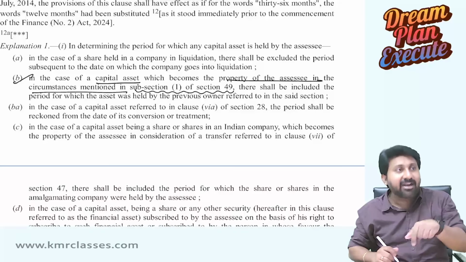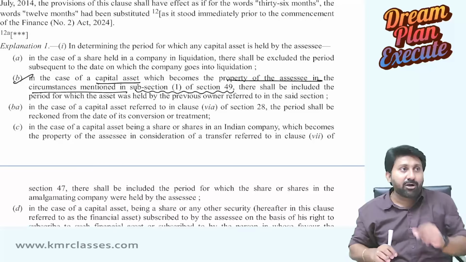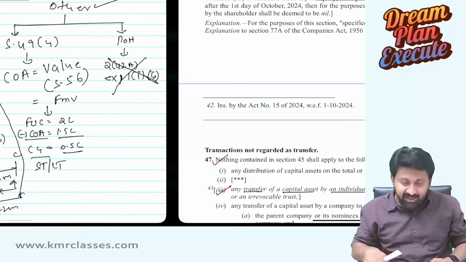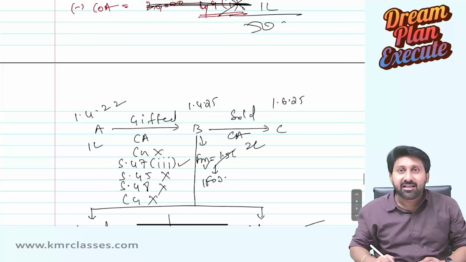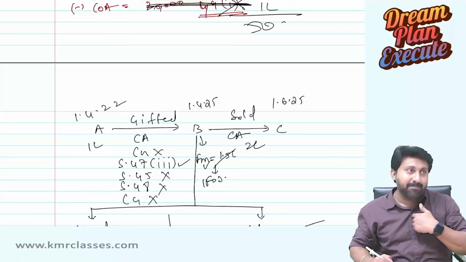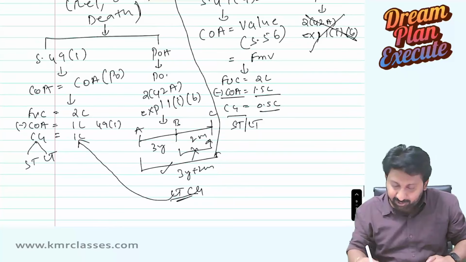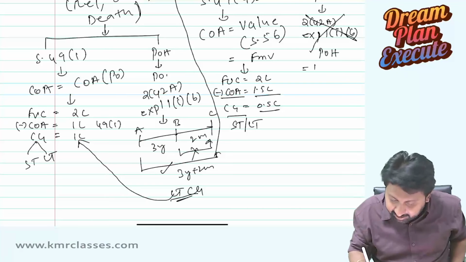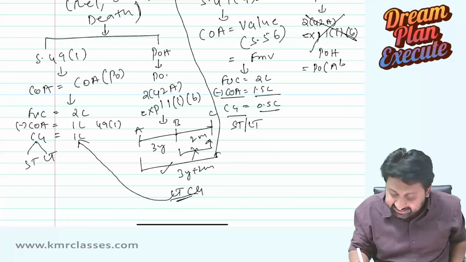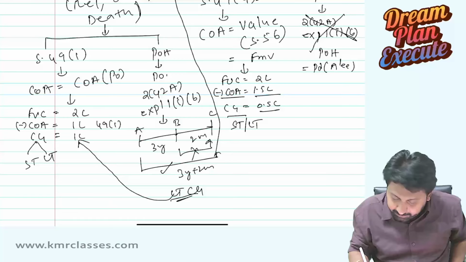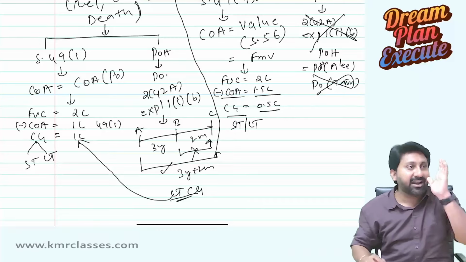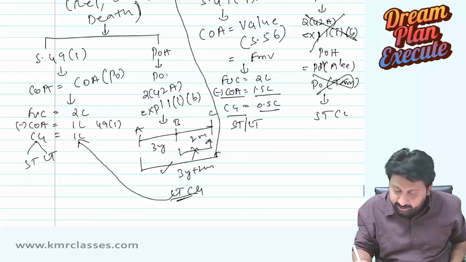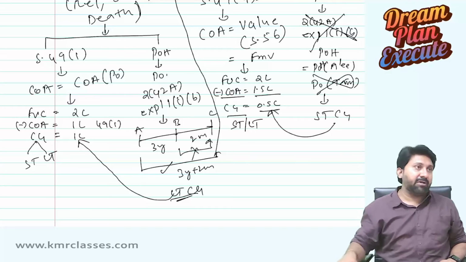Then only the previous owner's holding period will be included. If it is the 49(4) mode, I paid tax under IFOS, so you should consider only my holding period. Therefore the period of holding will be the period of holding by the assessee only. The previous owner's term should not be included. This is another twist. Here it will become a short-term capital gain of 0.5 lakhs.